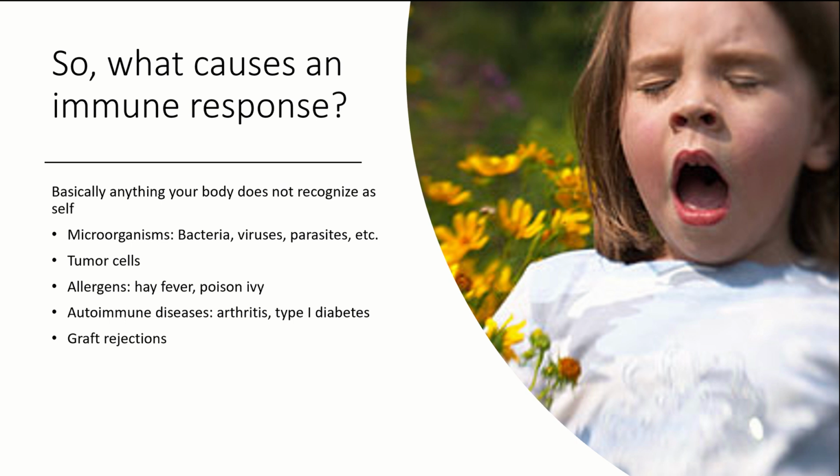So, what causes an immune response, right? What is going to trigger this big old response? Get the lymphocytes out there, get the neutrophils and the macrophages going. It's basically anything your body does not recognize as self, right? So normally in a healthy patient, if nothing's gone wrong, your macrophages aren't going to start eating up your normal cells, right?